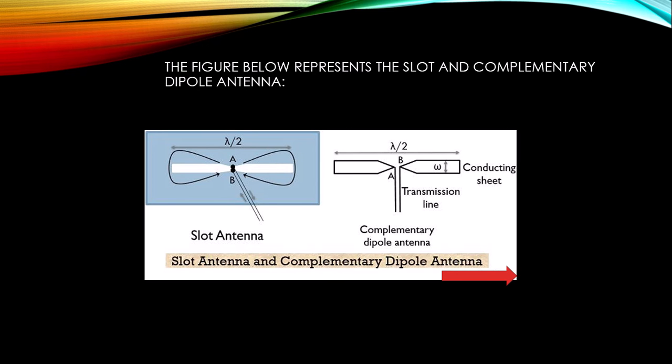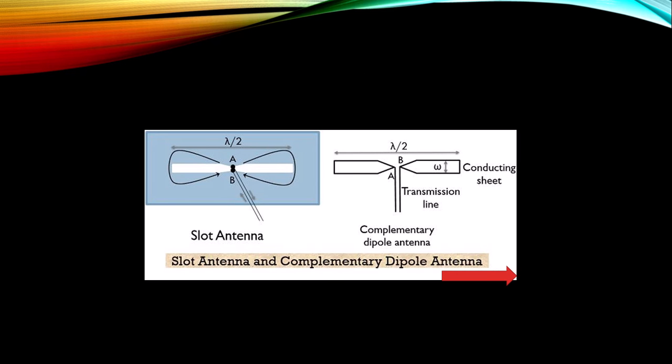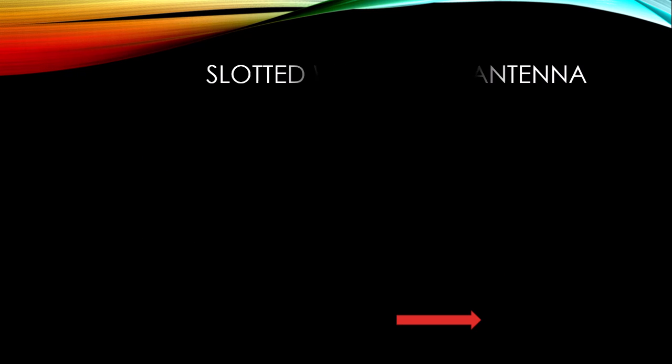So let's talk about the annular slot antenna. The antenna has a rectangular slot, but it's not necessary to have a rectangular slot only.